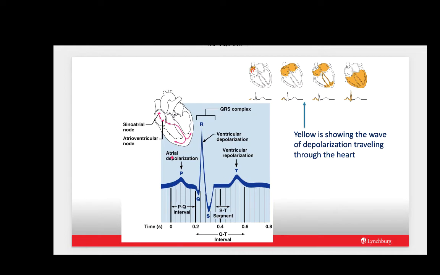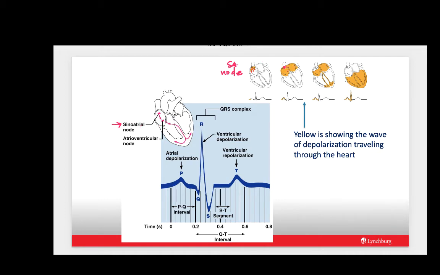So what we can look at with this is a wave of depolarization traveling through the heart. If you look here in yellow, we know that the depolarization originates in the SA node. And that's what we're seeing here. We've got initial depolarization in the sinoatrial node.